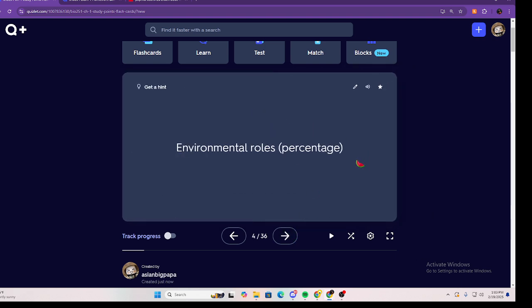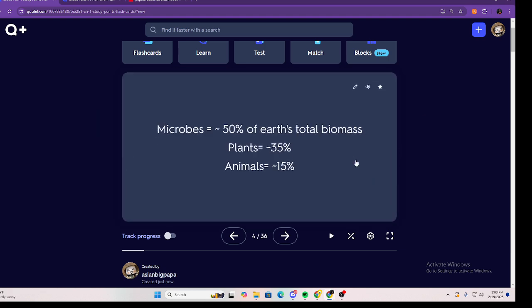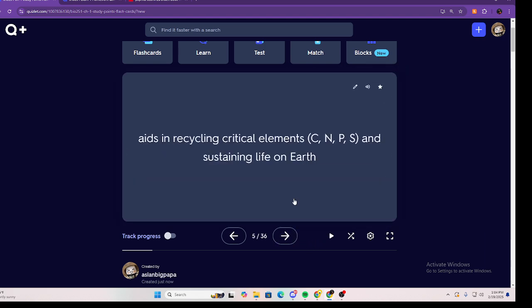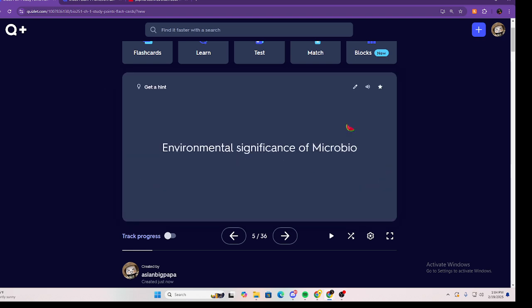Environmental roles. Microbes make up around 50% of Earth's total biomass. Plants only 35, animals only 15. Basically, what you need to know is that microbes are everywhere, and they are very, very useful in sustaining life on Earth. And that gets to our next point, the environmental significance.